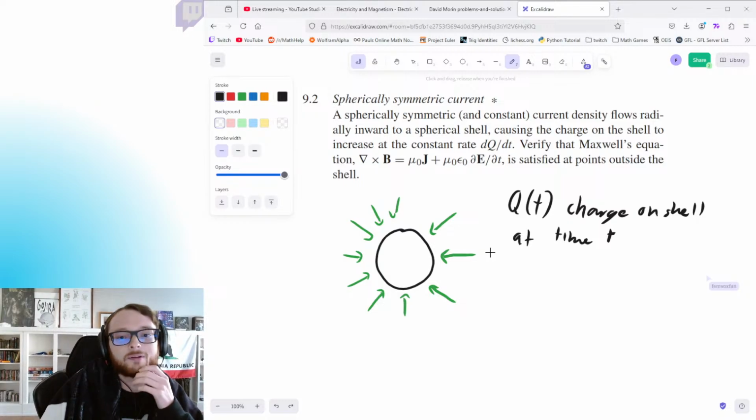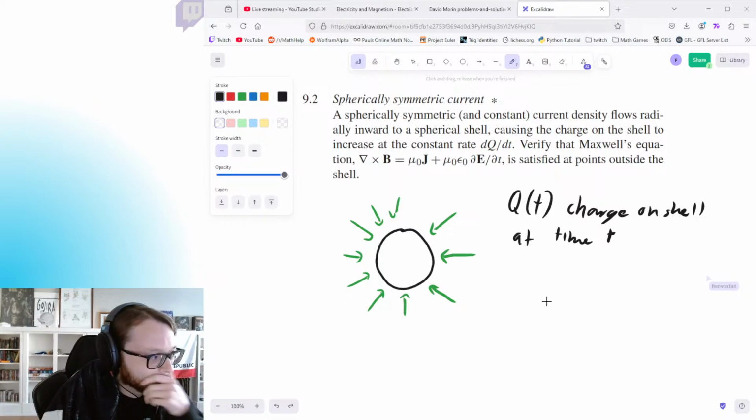Okay, well, what am I trying to say? If we just look at a snapshot in time, this spherical shell is basically just the spherical shell from chapter 1, in electrostatics, basically a point charge.